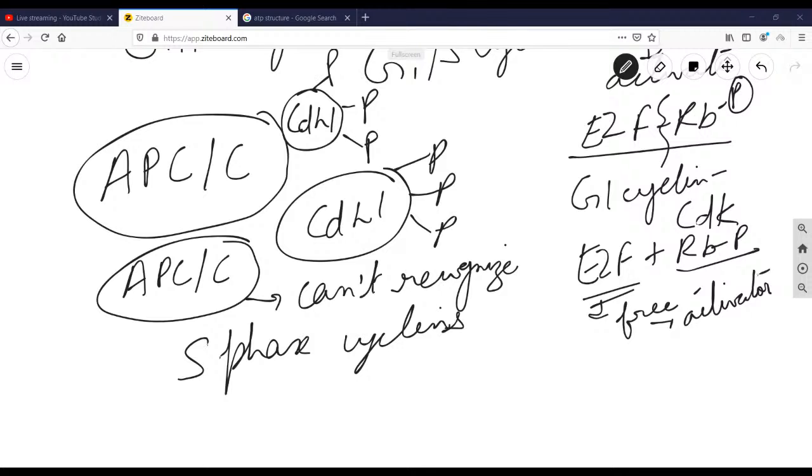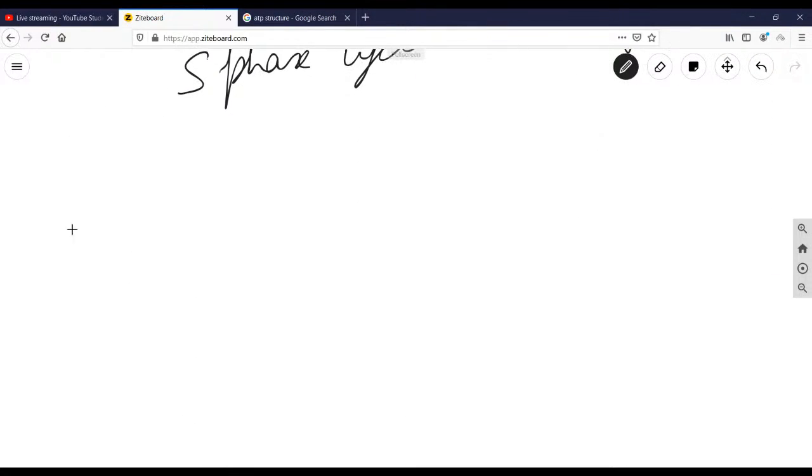So when the mitotic CDKs decline, at that time a phosphatase protein known as CDC14 gets activated, and then it will remove this phosphorylation and will again activate CDH1, so that you don't activate S phase again. So suppose this is the diagram, this is a clear-cut diagram that I'll draw.